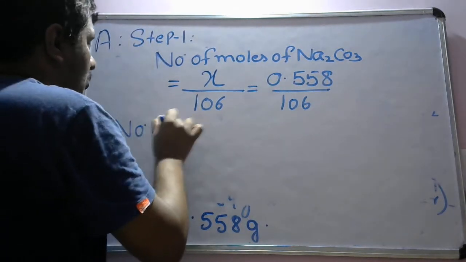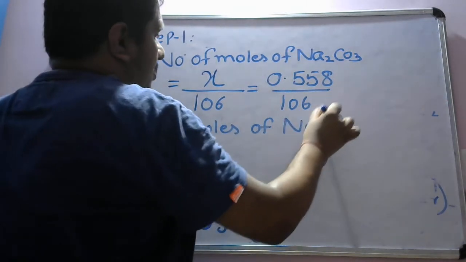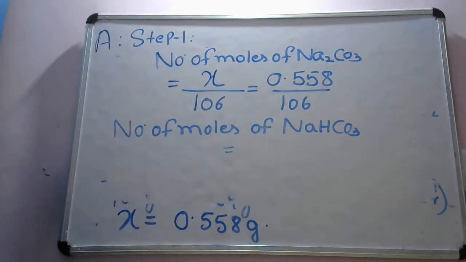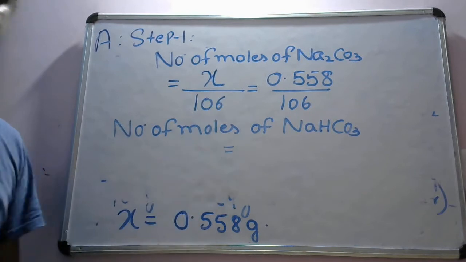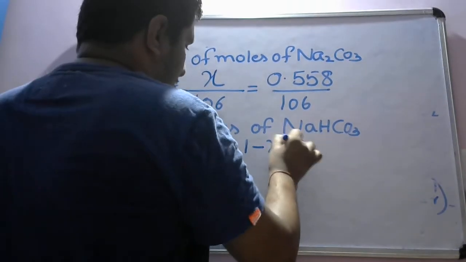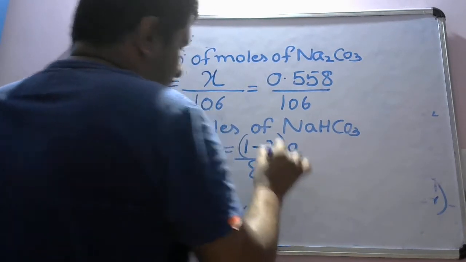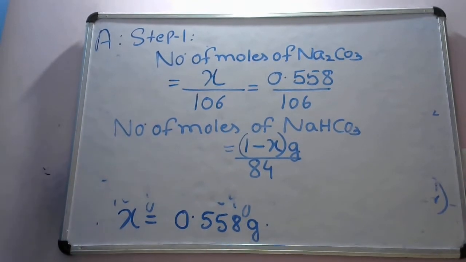Number of moles of NaHCO3: x is the mass, not the moles. X we have assumed is the mass of Na2CO3, given mass by molar mass. Similarly, the number of moles of NaHCO3 is given mass of NaHCO3, 1 minus x grams, by molar mass 84. We just got these expressions in the previous discussion.